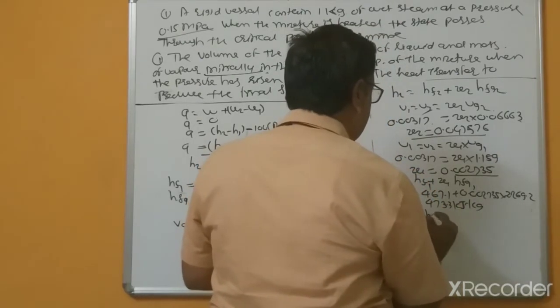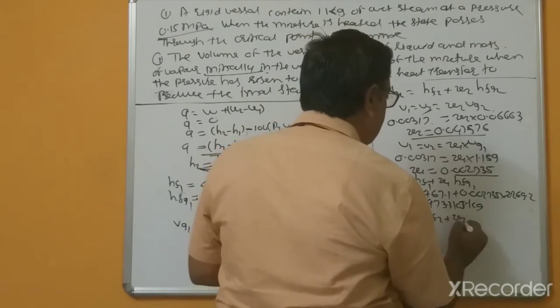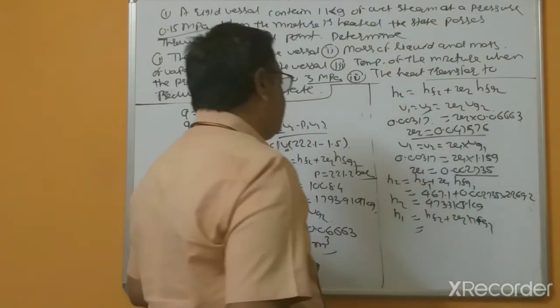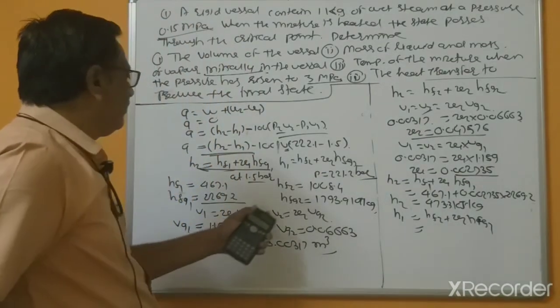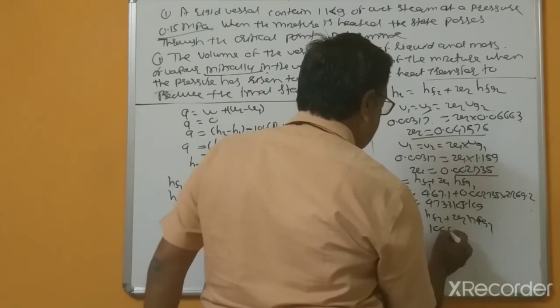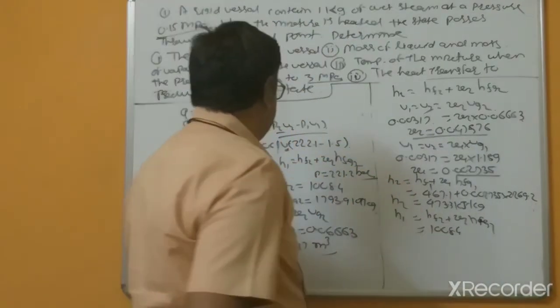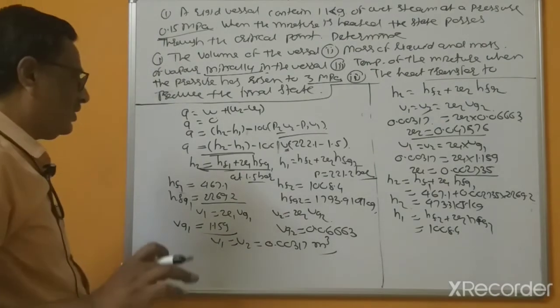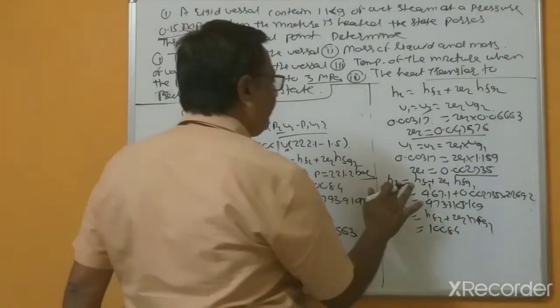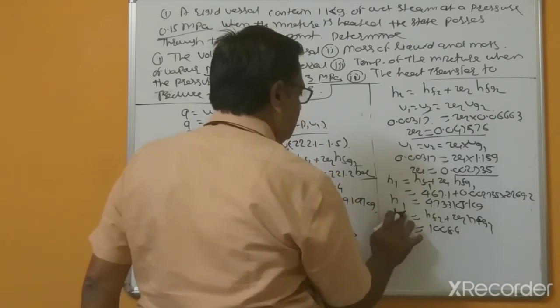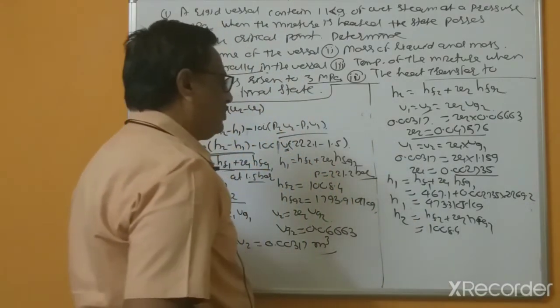H1 equal to Hf2 and this is Hfg2. So we are making a mistake. This is actually H1 and this is H2.